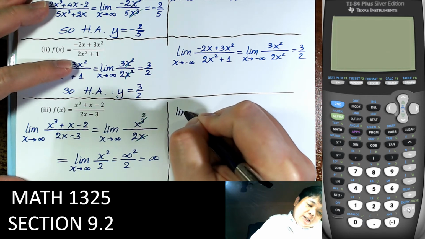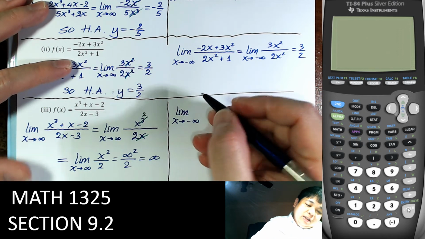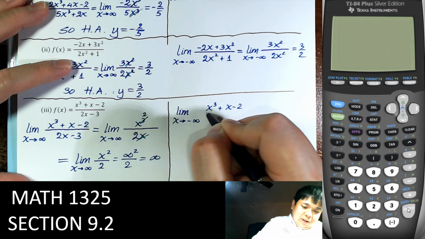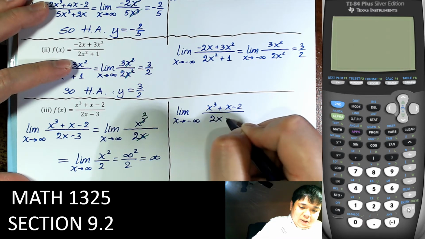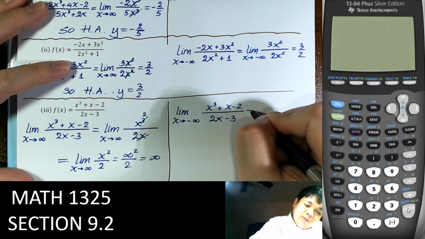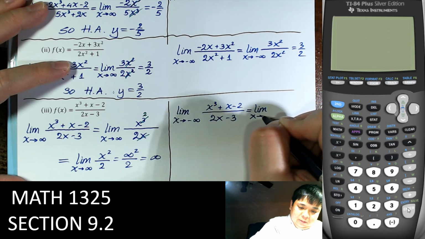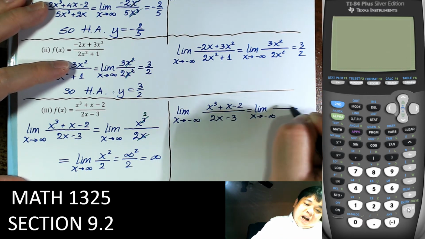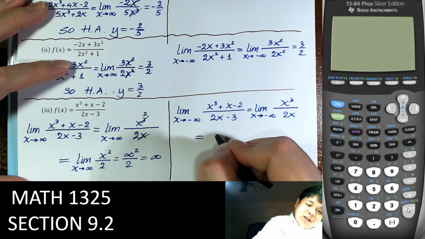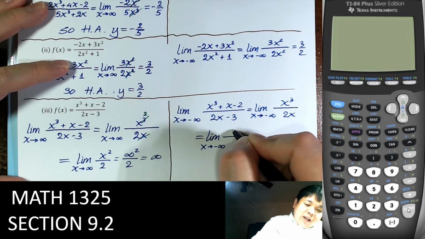And then we test for negative infinity. Once again, the highest power term matters. We have x squared divided by 2.